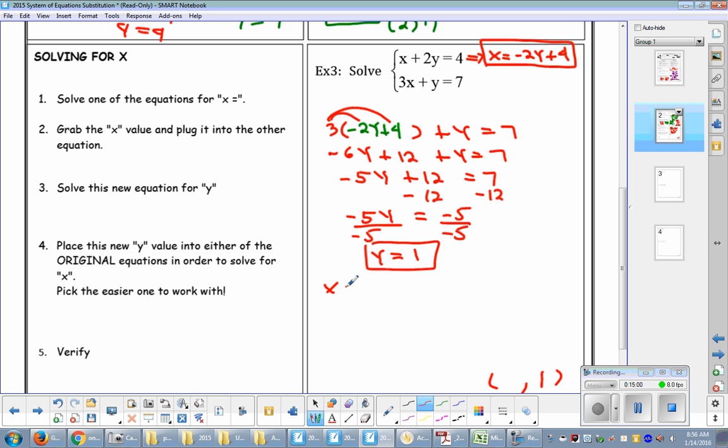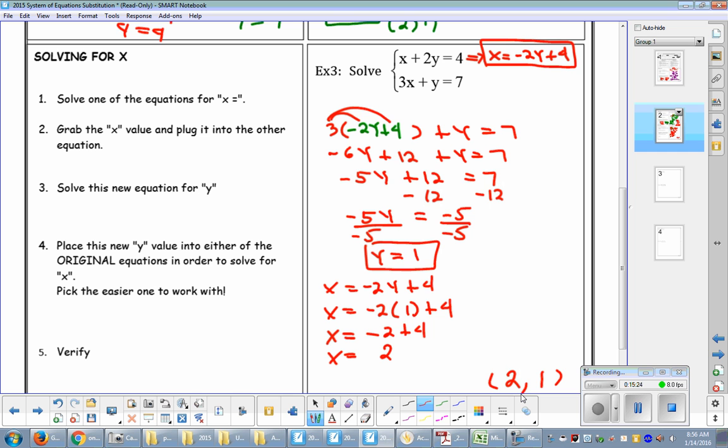So I will have here x equals negative 2y plus 4, but your y is equal to 1. So I will have here x equals negative 2 plus 4, and x equals 2.